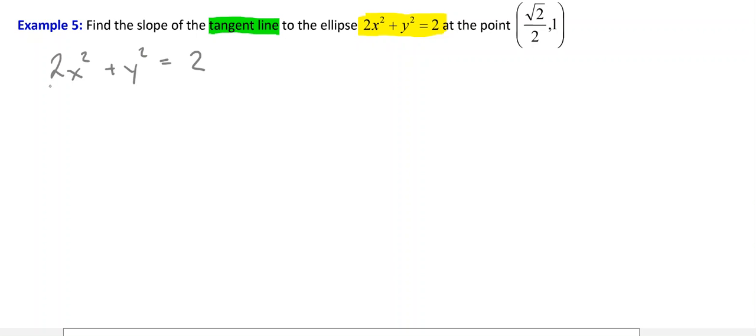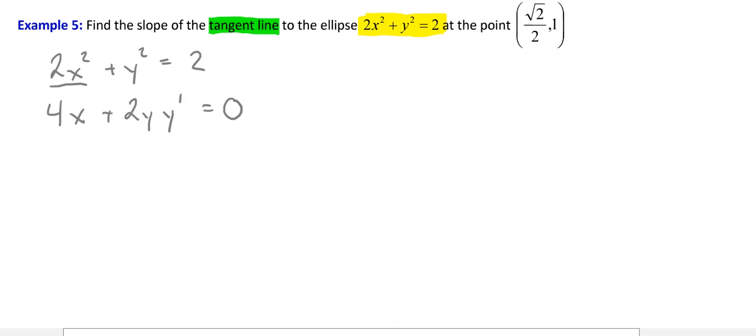This term is in terms of x, so we simply take the derivative as we normally would using the power rule. Now the next term contains a y, which is the dependent variable, so we would write 2y to the first times y prime. And the derivative of 2 is 0.